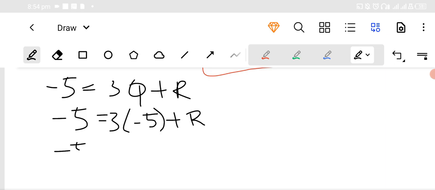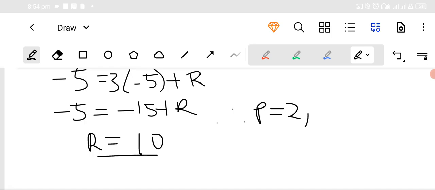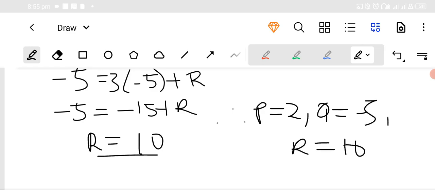Then we have negative 5 is equal to negative 15 plus r. R goes to the other side. You're going to have r is equal to negative 5 plus 15, positive 10. R is equal to positive 10. Therefore, p is equal to 2, q is equal to negative 5, r is equal to positive 10.